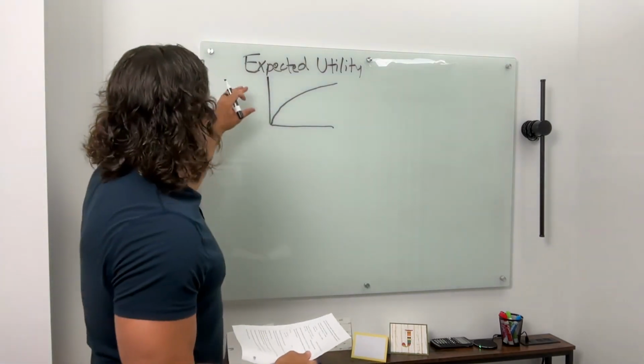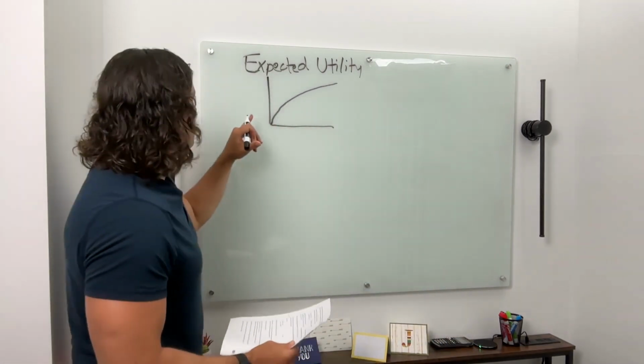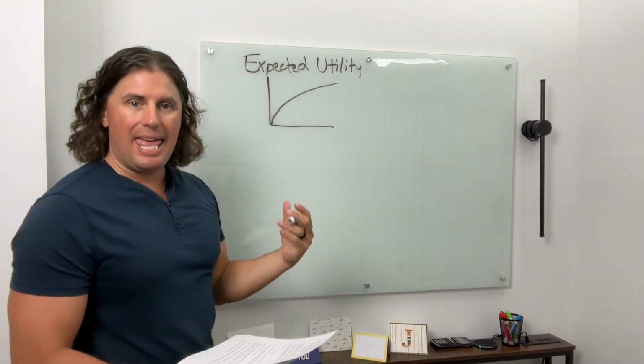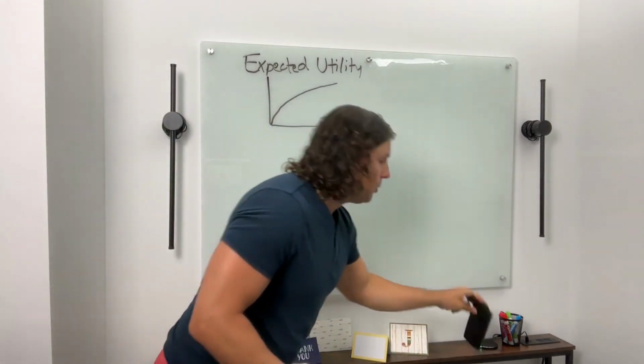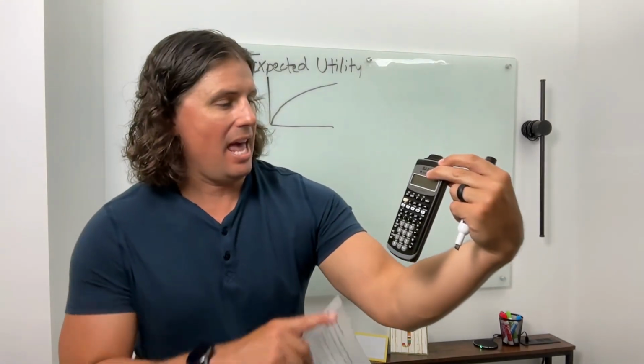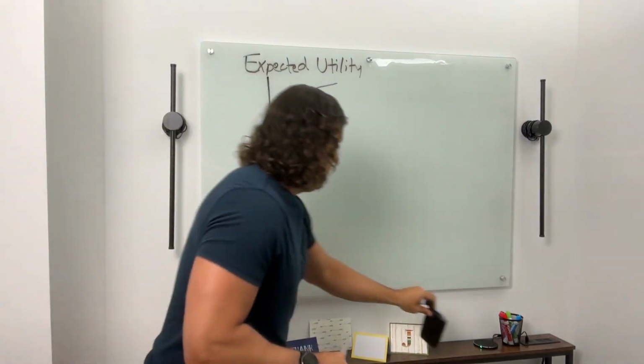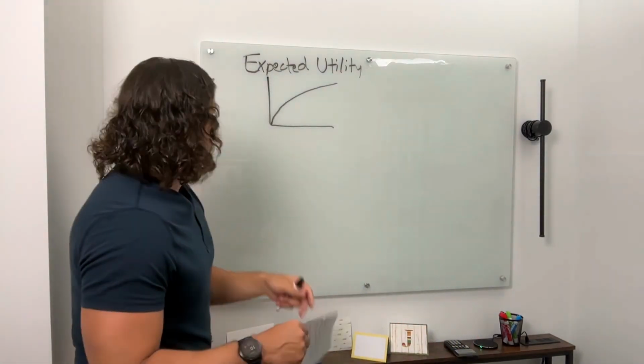And I'm going to lay out an example here, but let's get the function written out first. I'm going to introduce you to a term. This is called the natural logarithm, so ln. If we're working on a BA2 Plus calculator, you're going to see the ln right next to the 7 here. And I'll show you how to use that in just a moment.